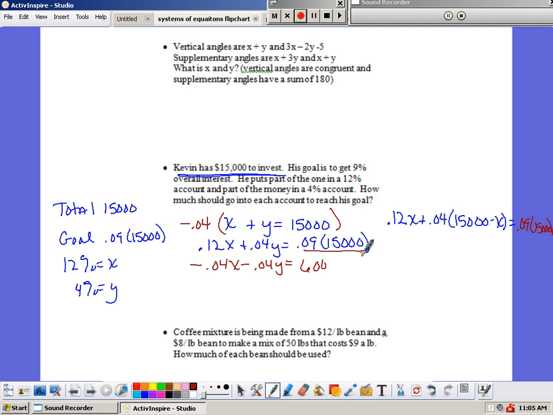And I have to get this too. 0.09 times 15,000 is 1,350. Okay, so I get 0.08x, when I add those together, drops out, equals 750, because this is minus 750. It's minus because I had a negative here. Divide by 0.08. 750 divided by 0.08 is $9,375 is going into the X account, which was a 12% account.